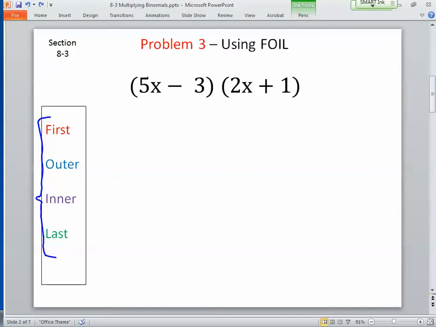So when it says first, what it means is multiply together the first term in each parentheses. The first term in my first parentheses is 5x. I'm going to multiply that times 2x. And that's going to give me 10x squared.